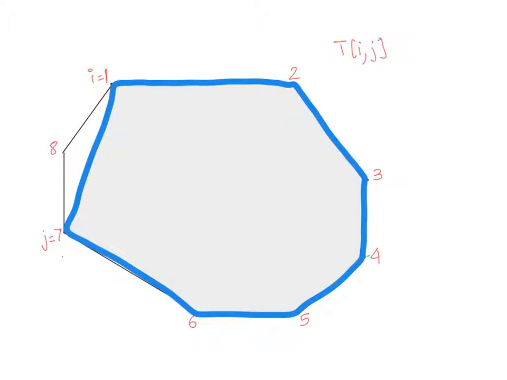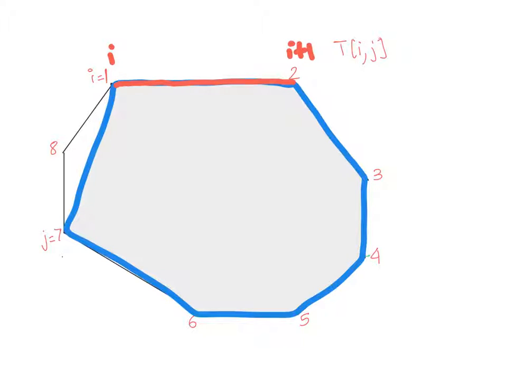The idea that we were pursuing in class is, let's look at the edge i plus 1. In this case, it is just the edge 1, 2. This is the edge i plus 1. The edge i plus 1 has to be part of some triangle.